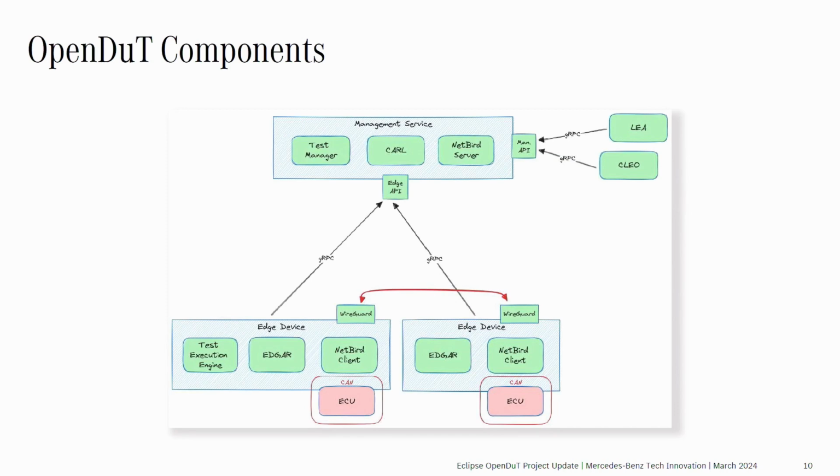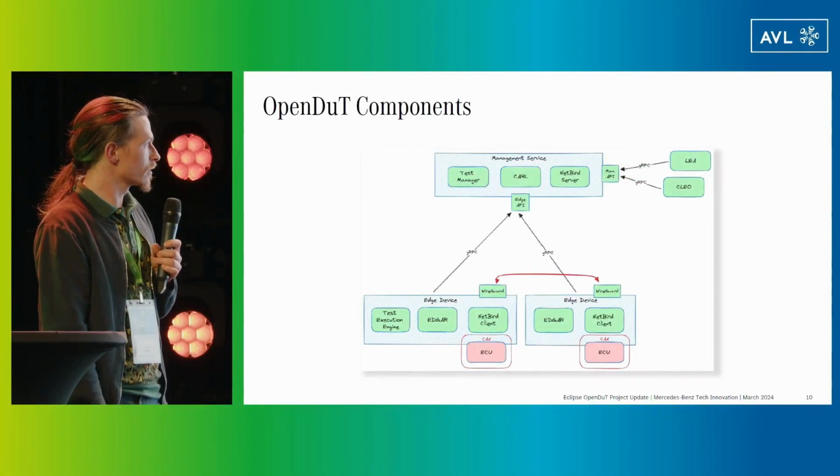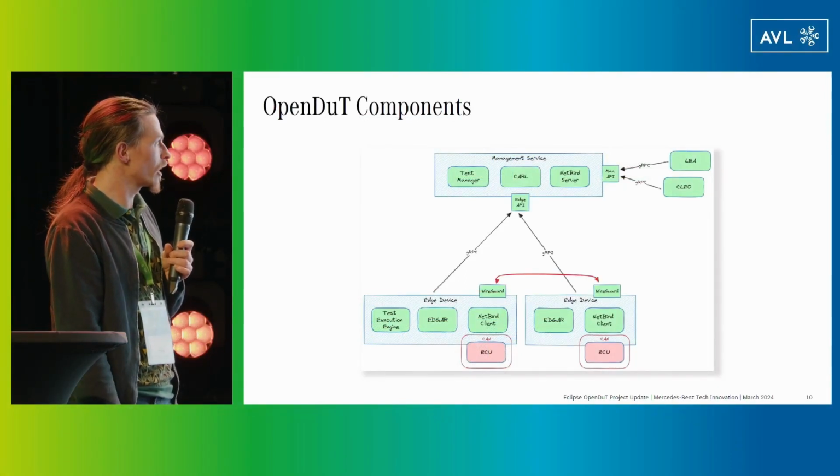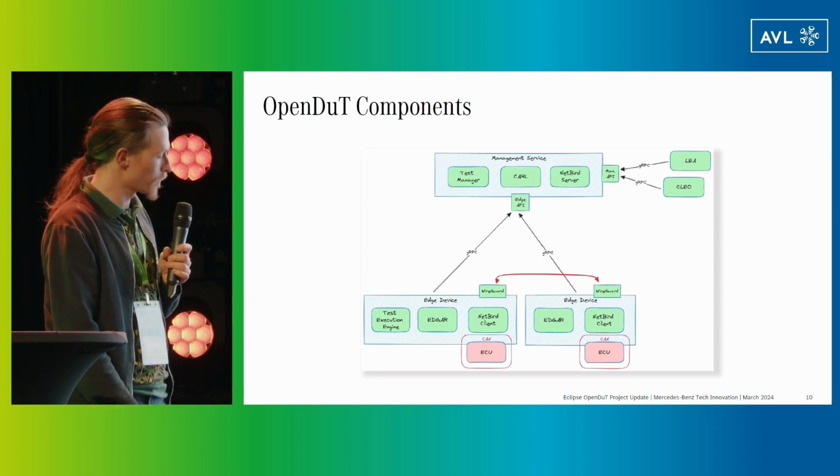So we have the UI and the CLI that shall have feature parity, and there's the network management and the WireGuard connection displayed, and the ECU that is attached to the edge device, and the test execution that shall handle the declarative tests, and the network client that is giving the WireGuard network connectivity over the edge devices.